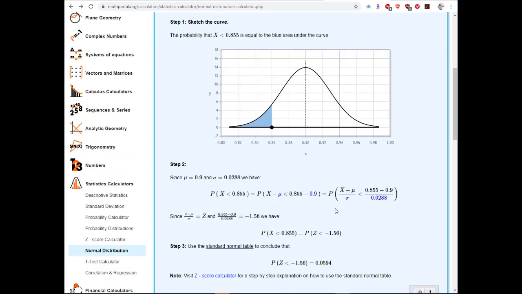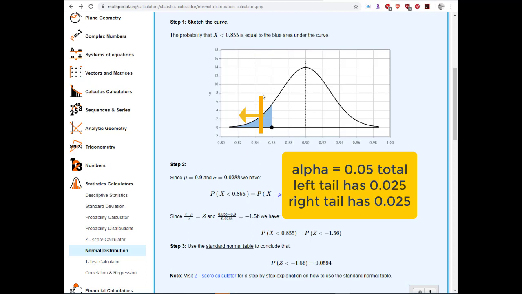In our model, we had established that the negative 1.96 z-score was very close to here. And we had said that anything less than that would be rejected. Since this value is more than that z-score and there is more of the curve, we have 8% of the curve in here, and we only were supposed to have a maximum of 2.5% of the curve in here, there is not enough evidence for us to reject the null hypothesis.